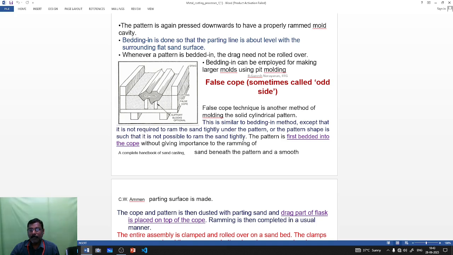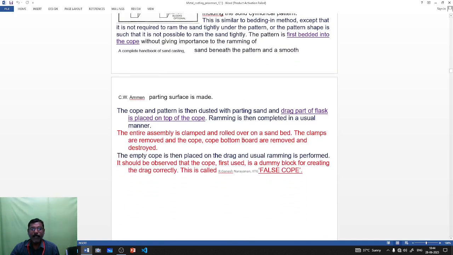The pattern is first bedded into the drag without giving importance to the ramming of sand, and the parting surface is smoothed. The drag and pattern are then dusted with parting sand and the cope part of the flask is placed on top of the drag. The ramming is then completed in the usual manner.